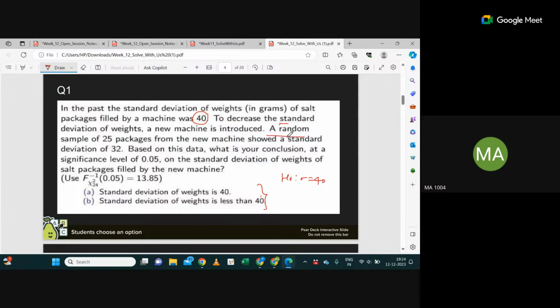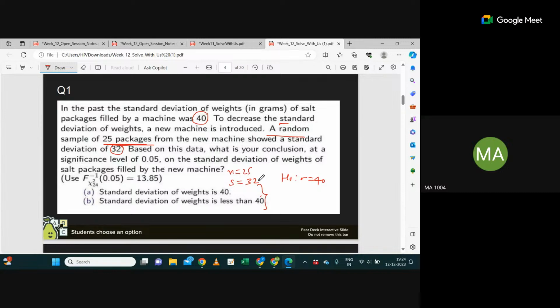A random sample of 25 packages from the new machine showed a standard deviation of 32. That means I have sample standard deviation as 32. Yes or no?